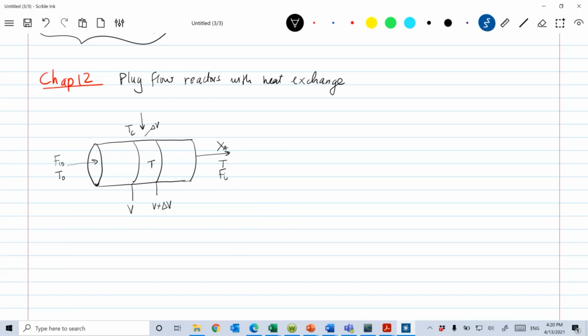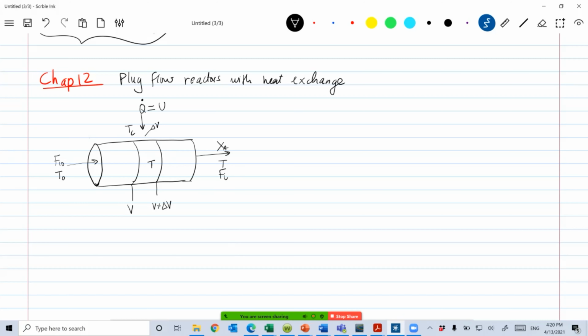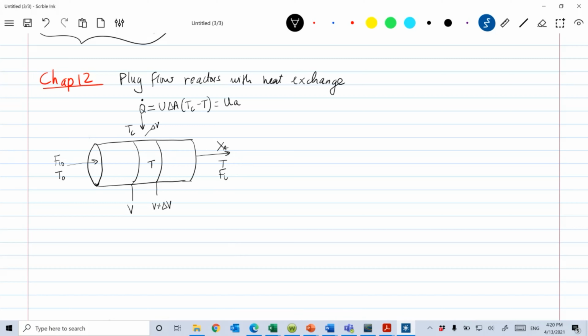And there's some heat being added or removed, where it's U delta A times Tc minus T, or U small a, I'll explain what that is, times Tc minus T times delta V. So small a is the heat exchange area per unit volume.